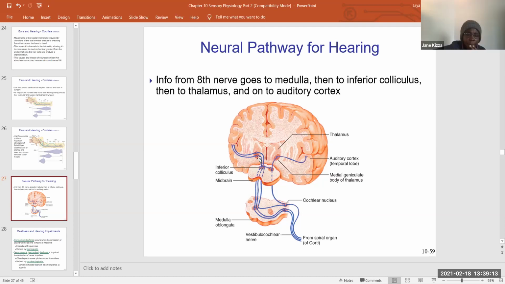And from there, it goes through the medial geniculate nucleus of the thalamus. And from the thalamus, it goes to the auditory cortex, which lies in your temporal lobe, where it hears the sound. And from there, it goes to Wernicke's area where it is comprehended. That's how you hear the sound.